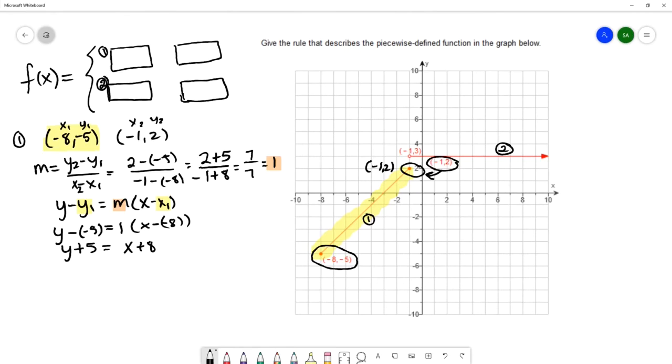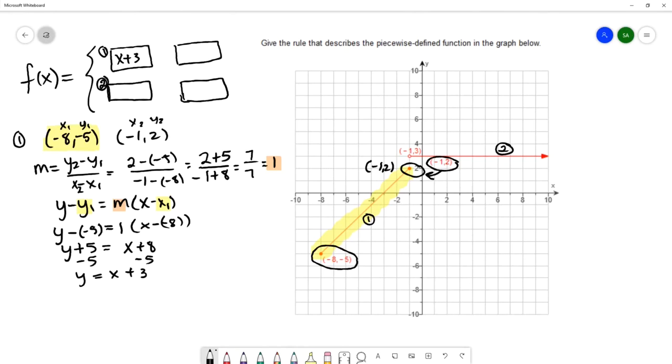And I want to write this equation in slope-intercept form so that I have y equals. So I'm going to subtract 5 to get y equals x plus 3. And that is the equation that we're going to put for our piecewise defined function.